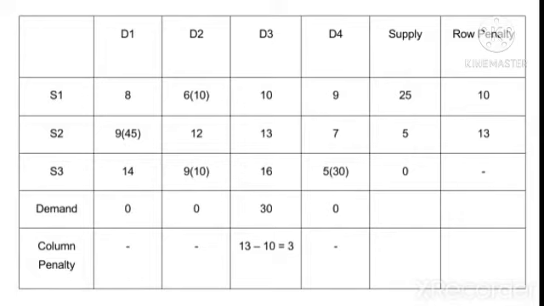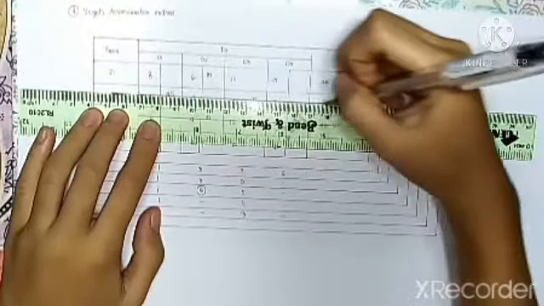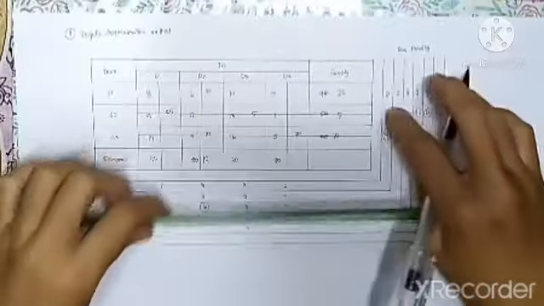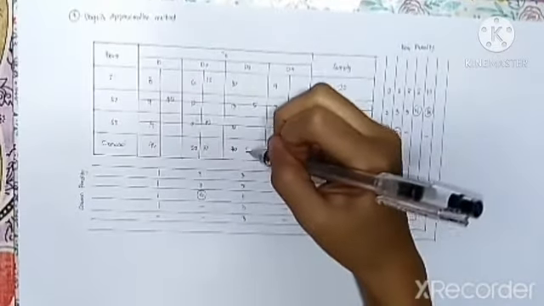We are going to allocate 5 to the minimum Cij, which can be found on the cell S2 and D3. It satisfies the supply of S2 and adjusts the demand of D3 from 30 to 25.